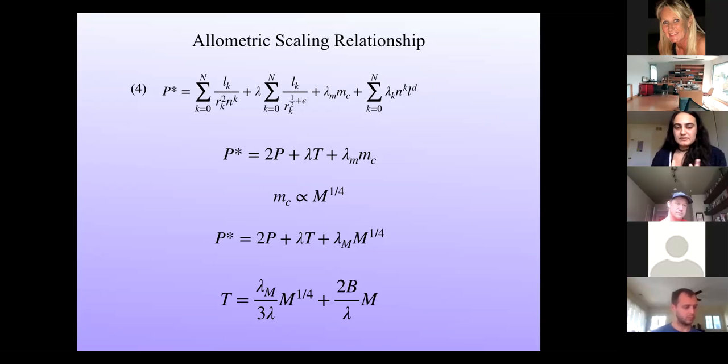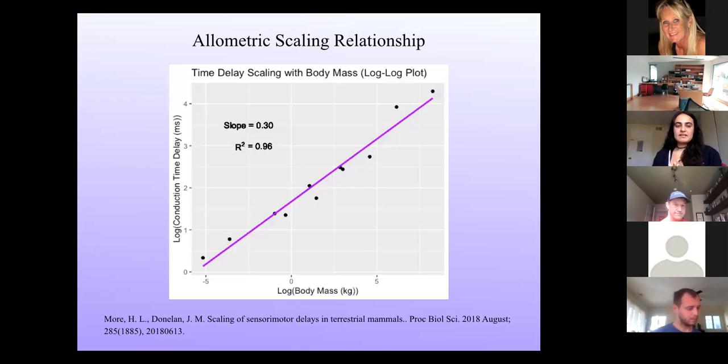And so here we find two terms. One of them has a 1/4 power and the other one is linear. When we look at experimental data comparing conduction time delay and body mass, with species ranging from shrews to elephants, we find that the slope of this log-log plot suggests that the time delay is proportional to body mass to the power 0.3.